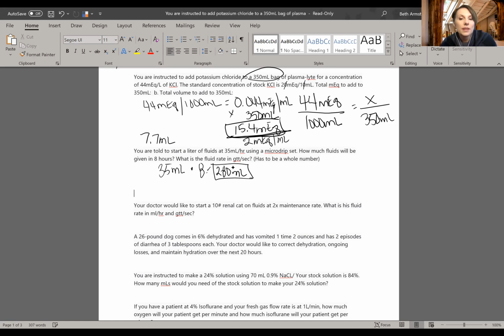Perfect. Now, what is the fluid rate in drips per second if we are doing 35 mils an hour? How are we going to figure out our drips per second?